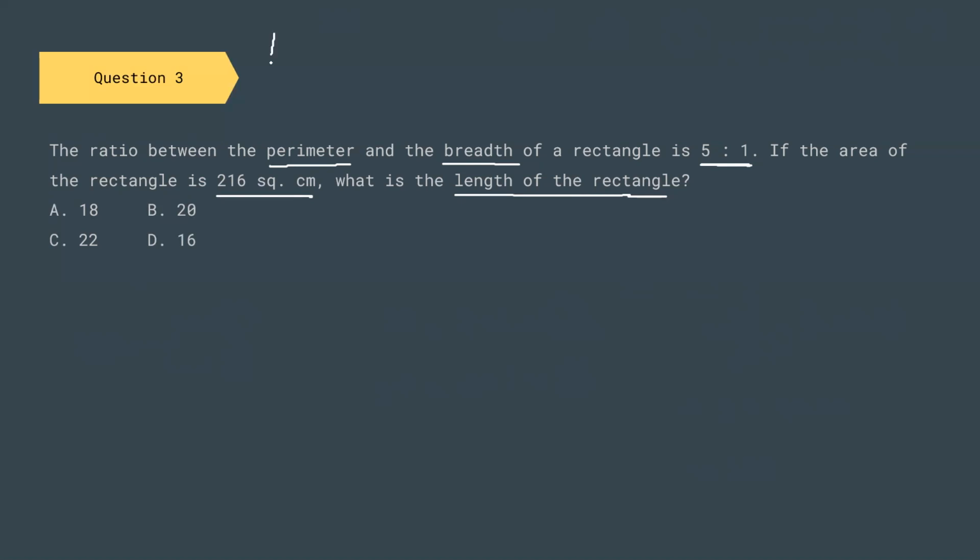So let us imagine that we have a rectangle like this. The length of the rectangle is A and the breadth of the rectangle is B. So the perimeter of this rectangle will be 2 into A plus B. And from this first relationship, we can write that perimeter divided by breadth equal to 5 divided by 1.